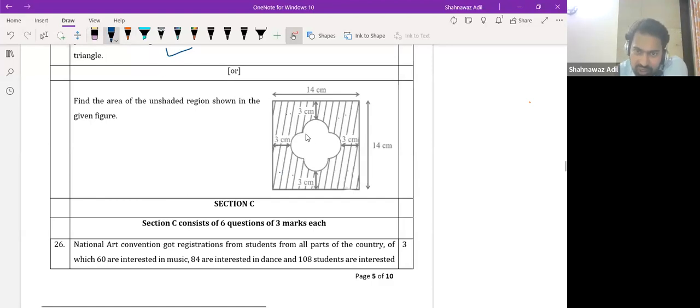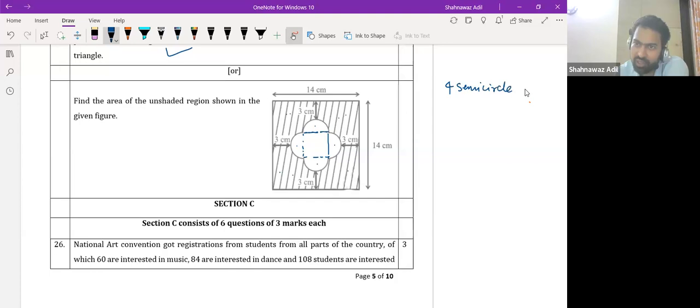Then this area would be, one, two, three, four. Four semicircles, right?